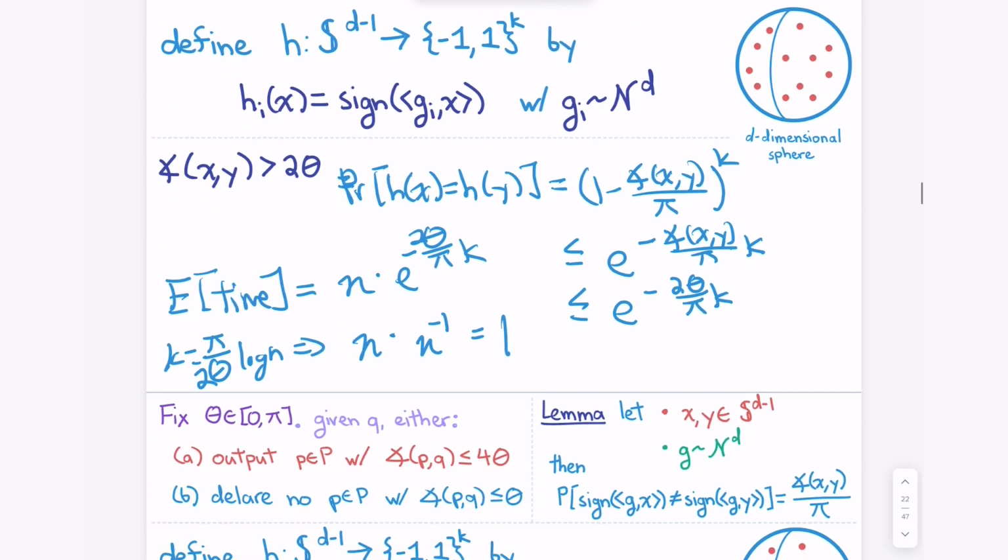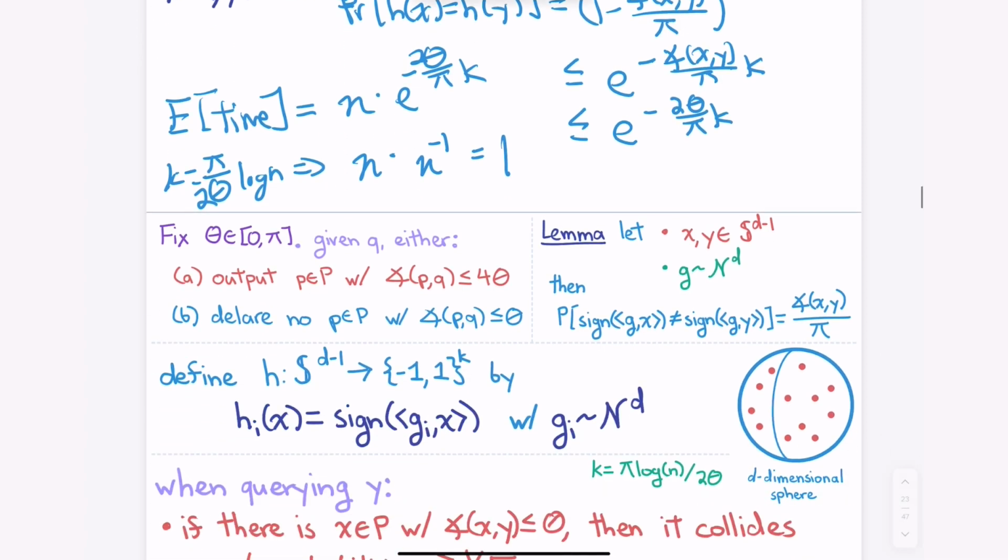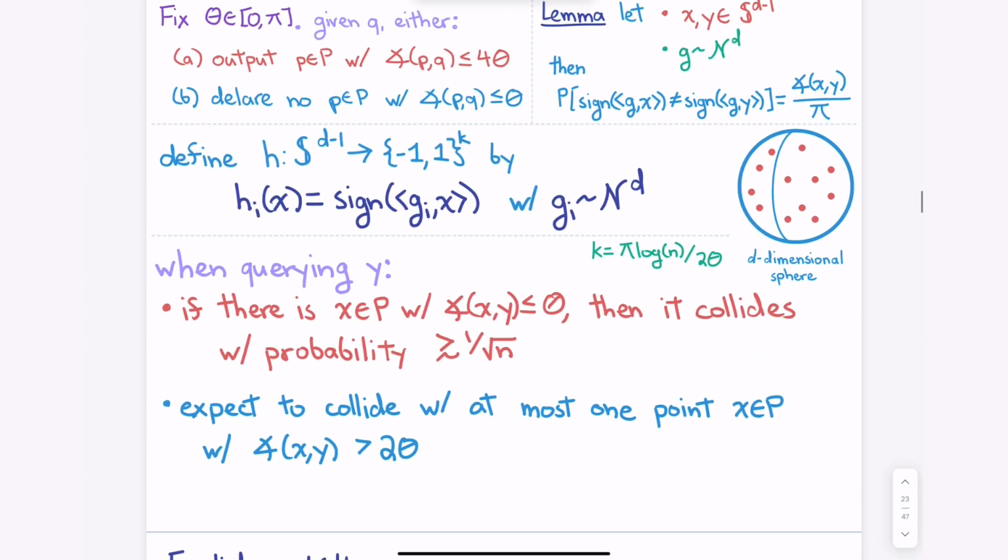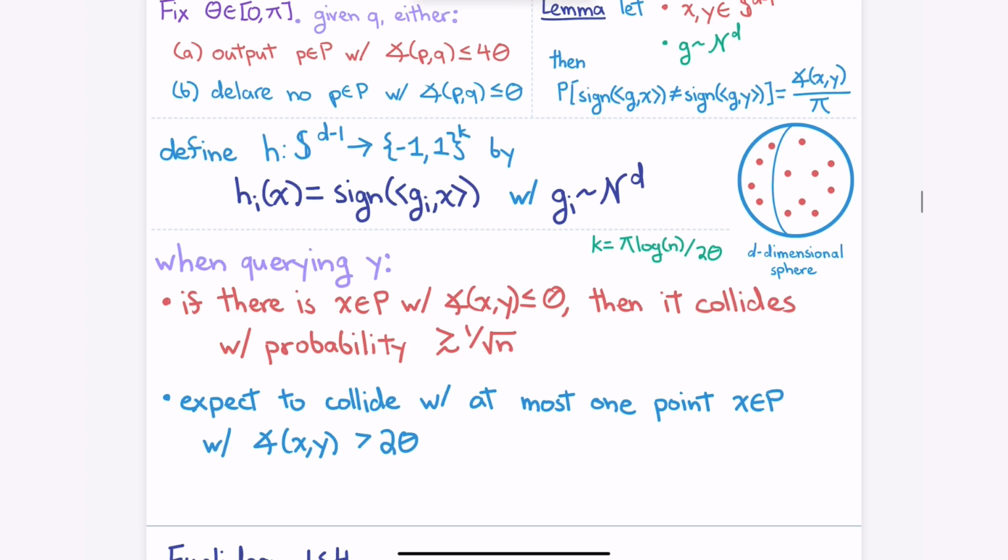So at the end of the day, we're repeating this data structure about square root n times, and to build it, I need to go through every point and basically hash it. If it's in d dimensions, then it's going to be n times d, and then you might repeat an extra log n times.